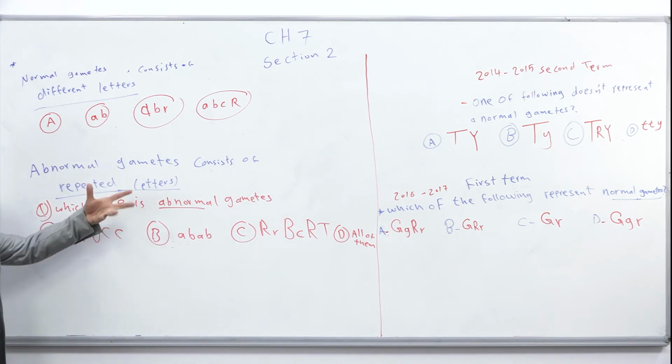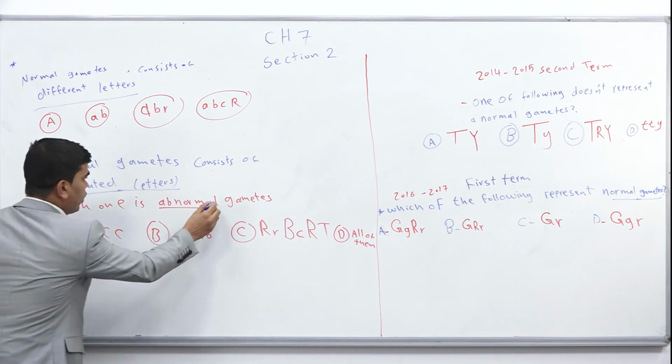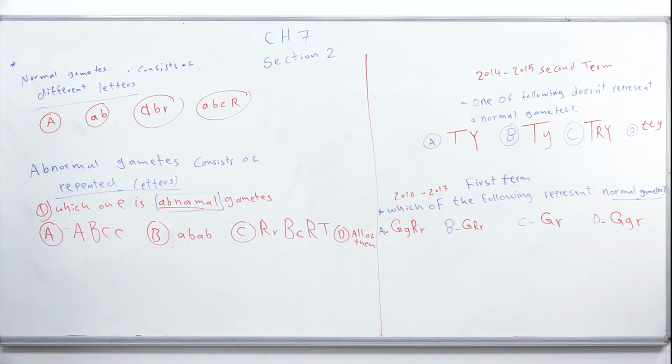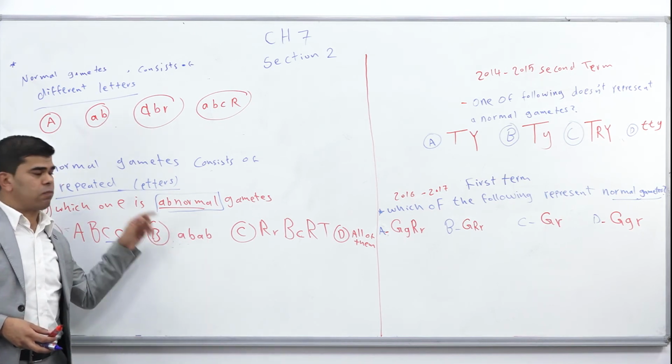You have to understand which type of gamete we know. We need the abnormal one. Abnormal is one that contains a repeated letter. So A, B, C, C: we have a double C, so it's abnormal. A, A, B, B: double A, double B, so it's abnormal.